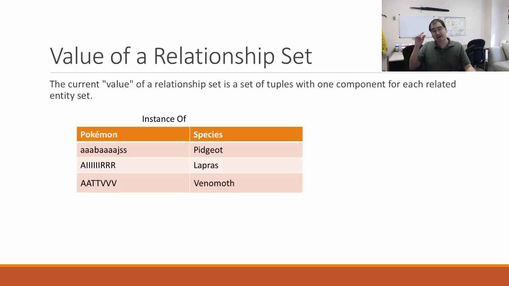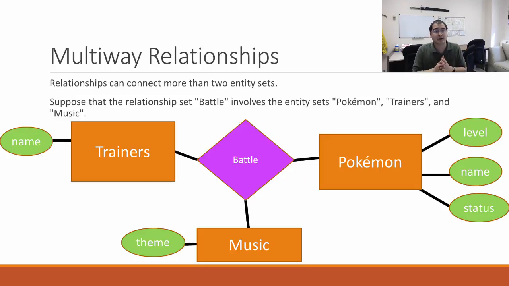Okay, so we've been showing all of one relationship, but you can also have relationships that are multi-way. So for instance, let's say we have a relationship called a battle, where we have a Pokemon battle between multiple trainers, multiple Pokemon involved, and music that's involved, because you can't have Pokemon without that good battle music.